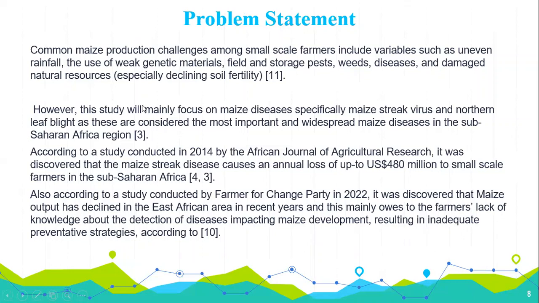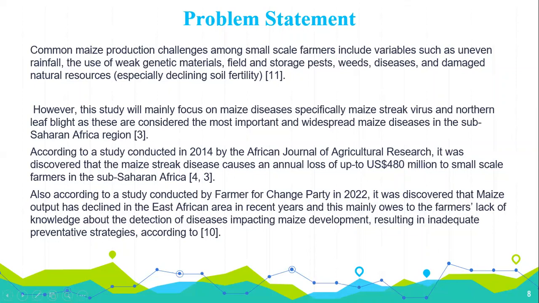But this study won't focus on all those factors. We shall mainly focus on the maize disease, specifically the maize streak and the northern leaf blight, since these are being considered to be the most important and widely spread maize diseases in the sub-Saharan region, where the East African region is inclusive, and we're able also to cite that research.